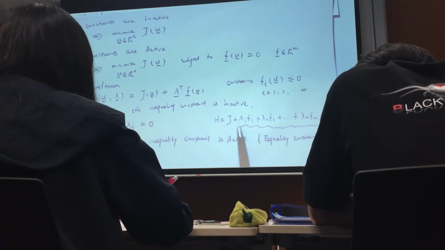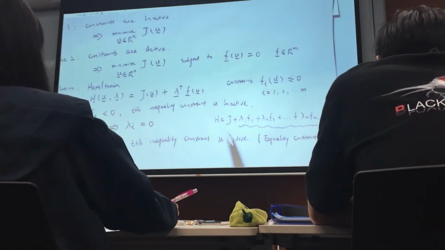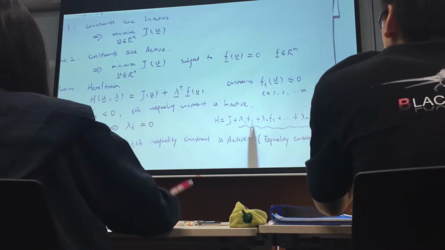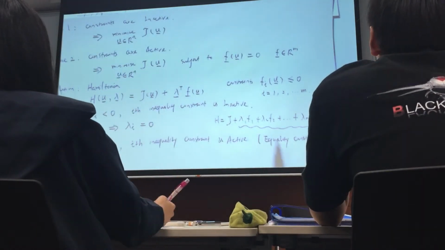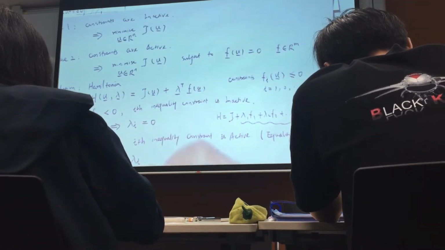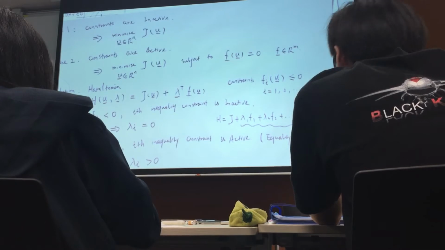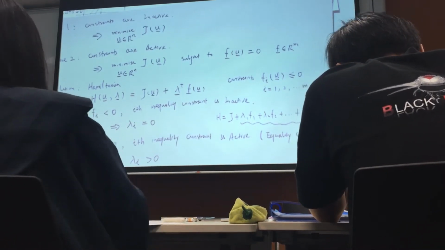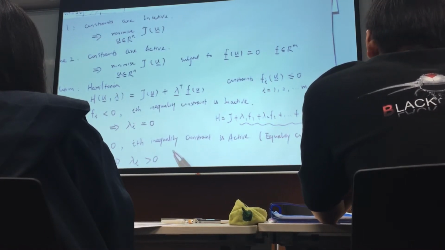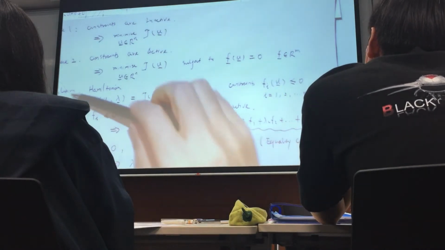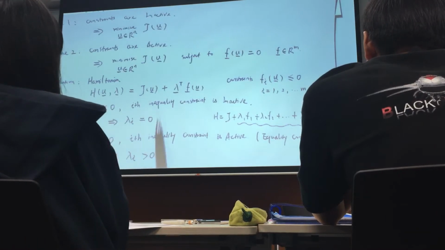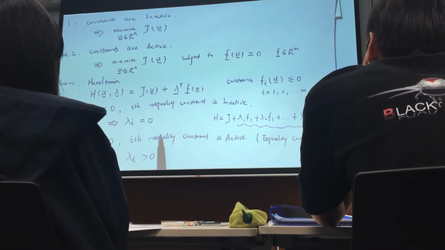So in the Lagrange multiplier and the Hamiltonian definition, if the constraint is active, we know lambda will not be 0. Actually, this lambda should be greater than 0. Shortly, I will show you why lambda is greater than 0. But from here, by this formulation, we are already able to decide whether the constraints are active or not, and solve the problem.